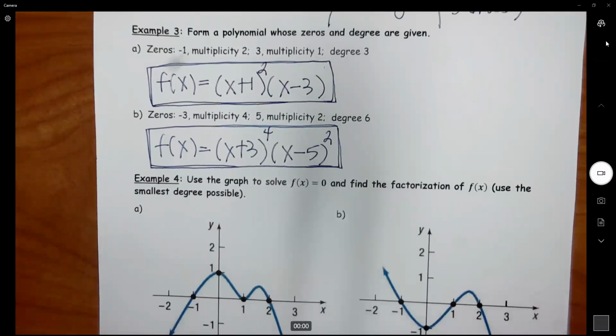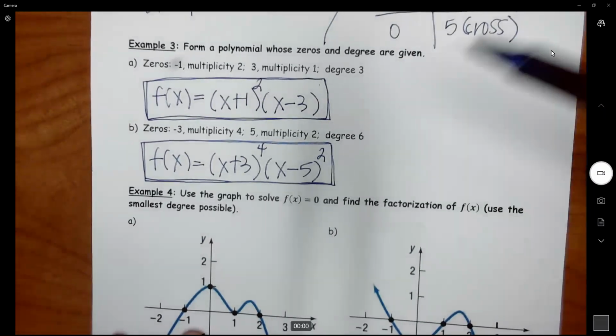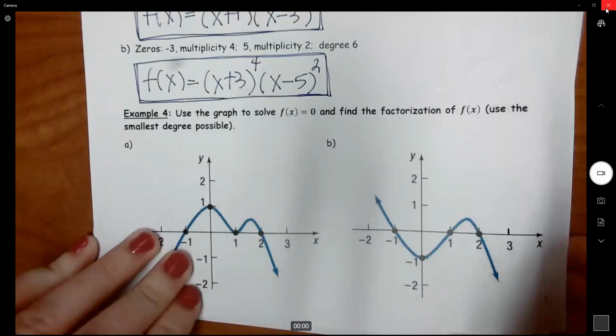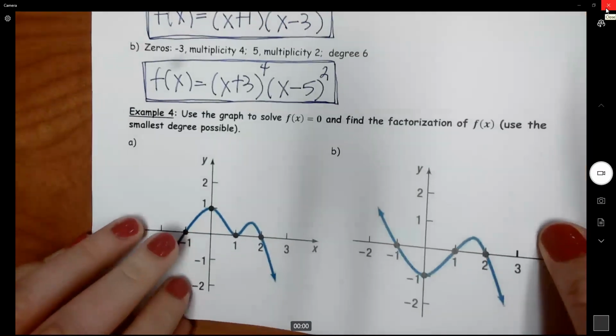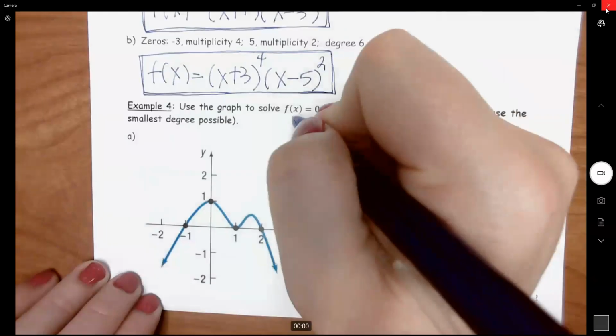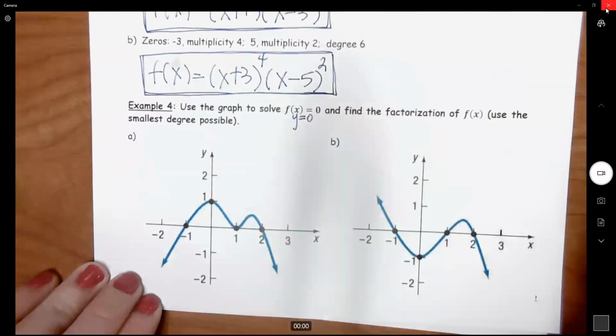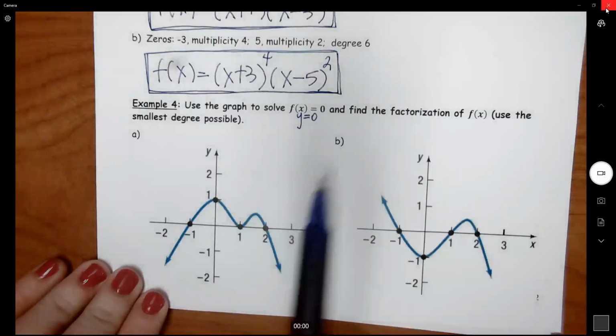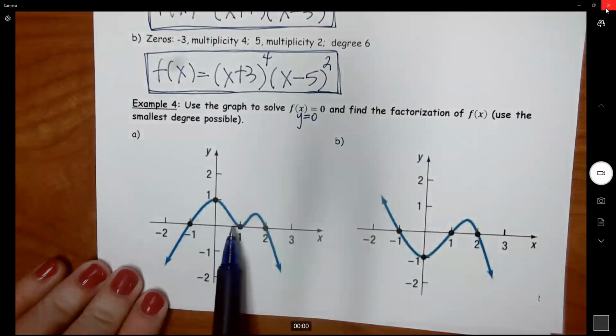Okay, so now we're going to basically do this again, but based off of its graph. So use the graph to solve f of x equals 0. So you're solving, right? That's another way to say when y equals 0. And when this y equals 0, here are your x's.